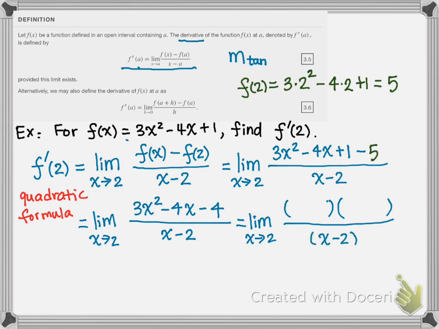The first thing we factor is 3x squared. Well, naturally, 3 is just 1 times 3. So we get x, and we have 3x. And how do we factor 4? Well, we can factor negative 4 in this case. We can factor negative 4 as negative 1 times 4, negative 2 times 2, and 1 times negative 4.